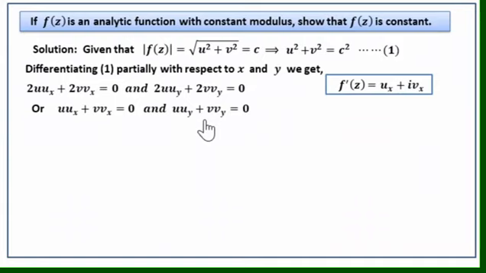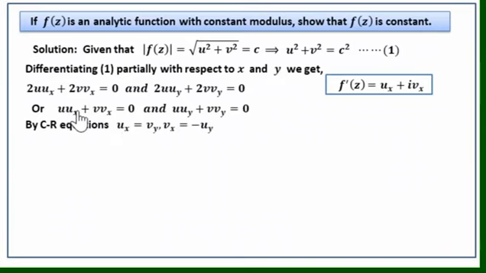We make use of the fact that f of z equal to u plus iv is an analytic function, so u and v satisfy the Cauchy-Riemann equations: ux equal to vy and vx equal to minus uy. So in the second equation, we replace uy by minus vx and replace vy by ux.